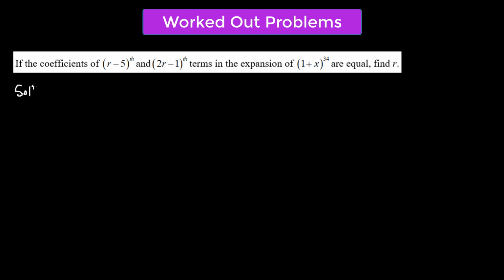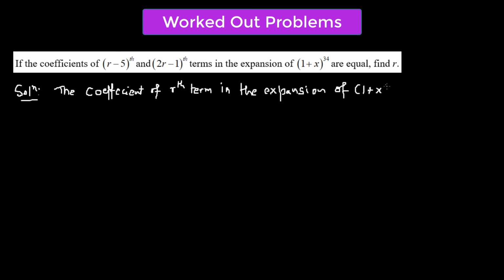Before we begin, I'd like to state that the coefficient of the rth term in the expansion of (1 + x)^n is given by nC(r - 1). That's a known fact.